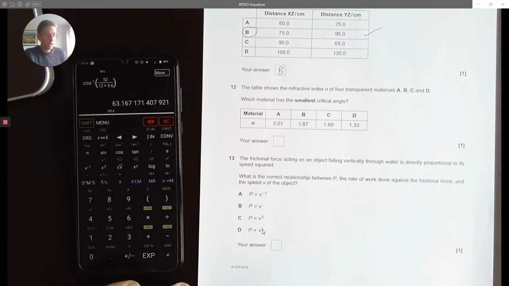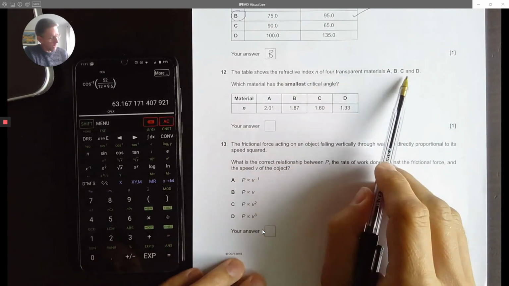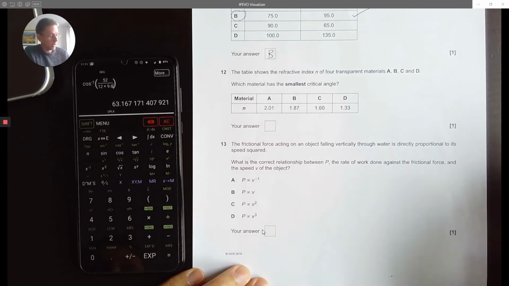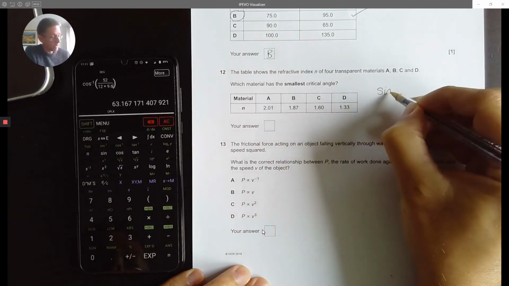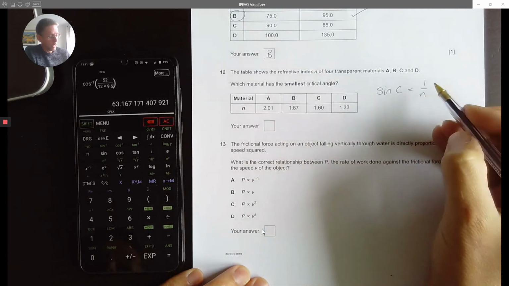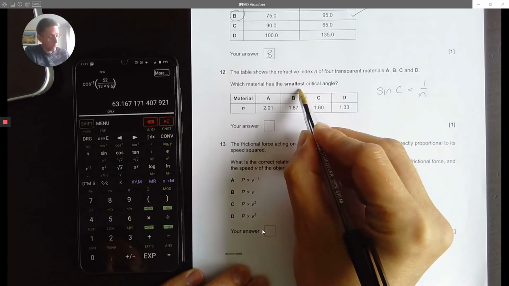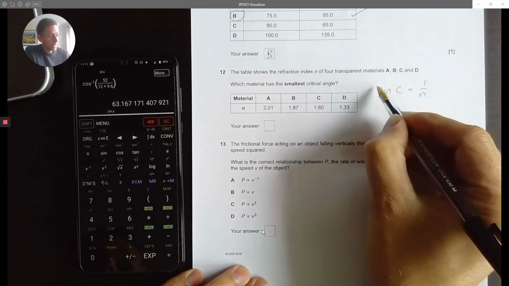Okay, this one. Refractive indices, which has the smallest critical angle? So this is where you need to remember that sine of the critical angle is 1 over n, and we would like the angle to be as small as possible, and therefore we need sine c to be as small as possible.